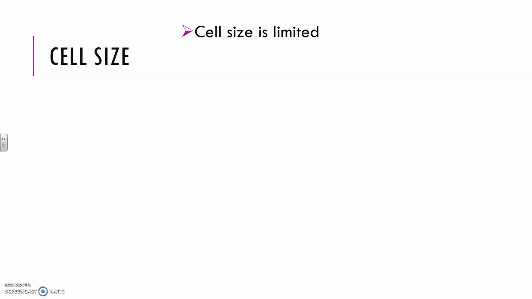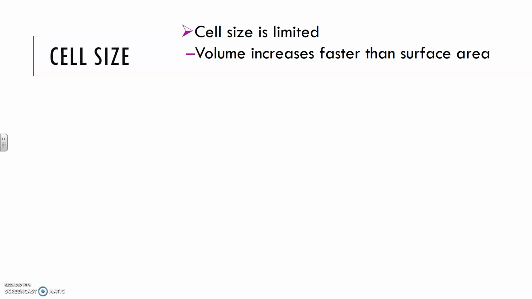So the cell has to be able to get things across its diameter, across the entire cell. And if that cell is too large, it takes up way too much energy in order to transport materials across the cell. So volume actually increases faster than surface area.